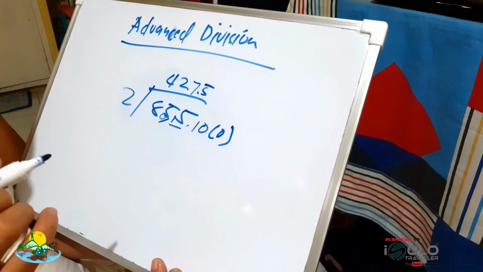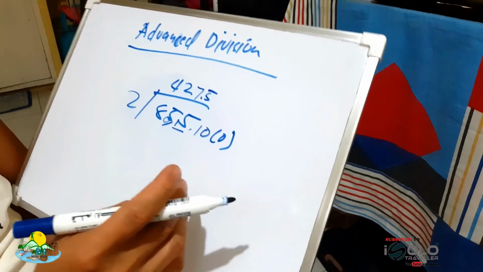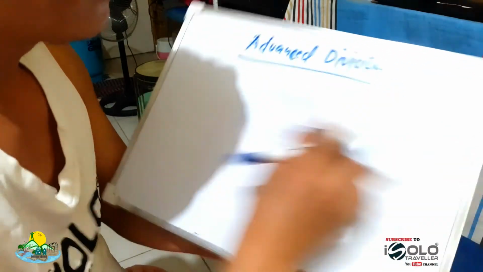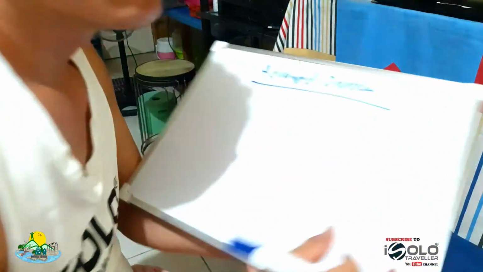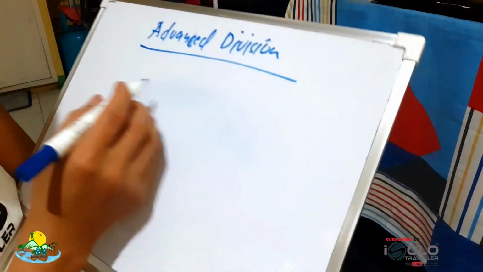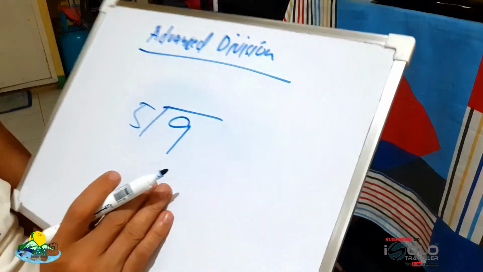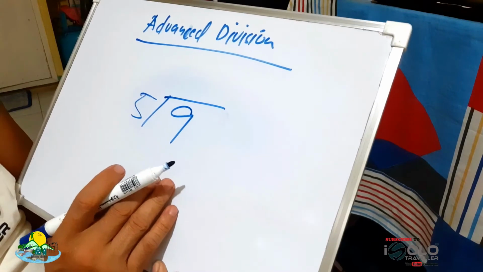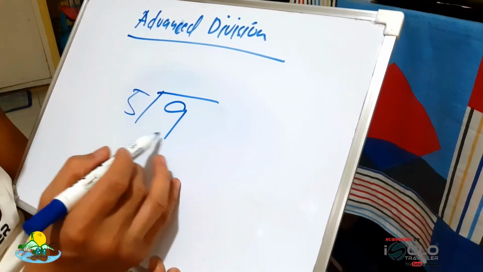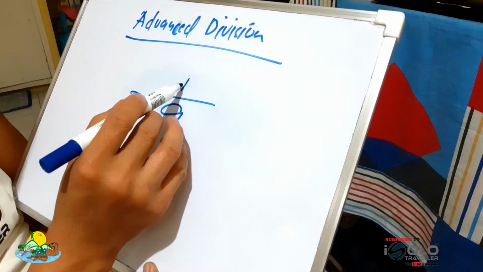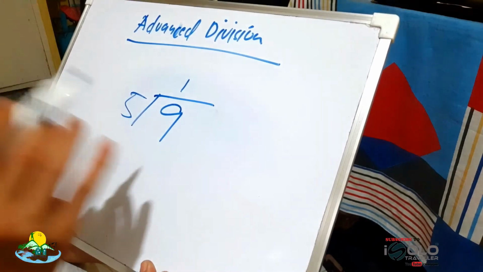Okay, so let me give you another example. Okay, a small one. 5 divided into 9. How many 5 can you get from this number 9? Of course, 1. 1 times 5 is 5.